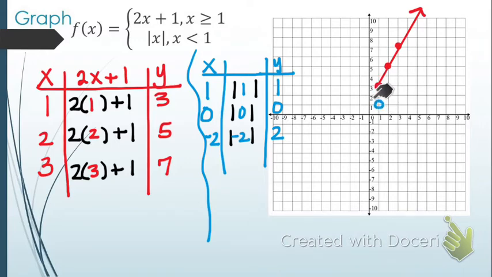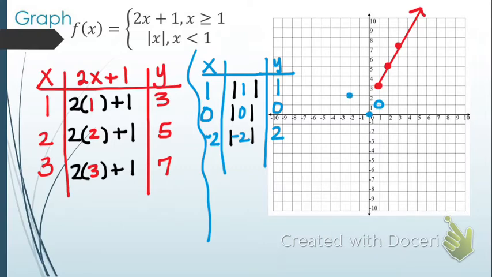That's not a function. So one of these points has to be open. So we have an open circle here. Now everything else, though, is closed. It's just this first number that's not included. So then we have a closed circle, and then at -2 we have a closed circle.